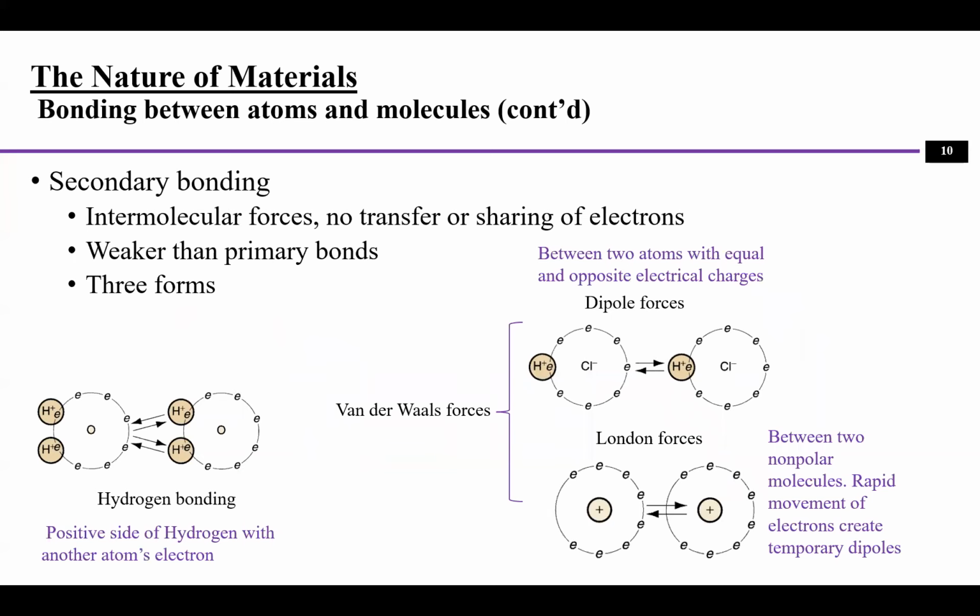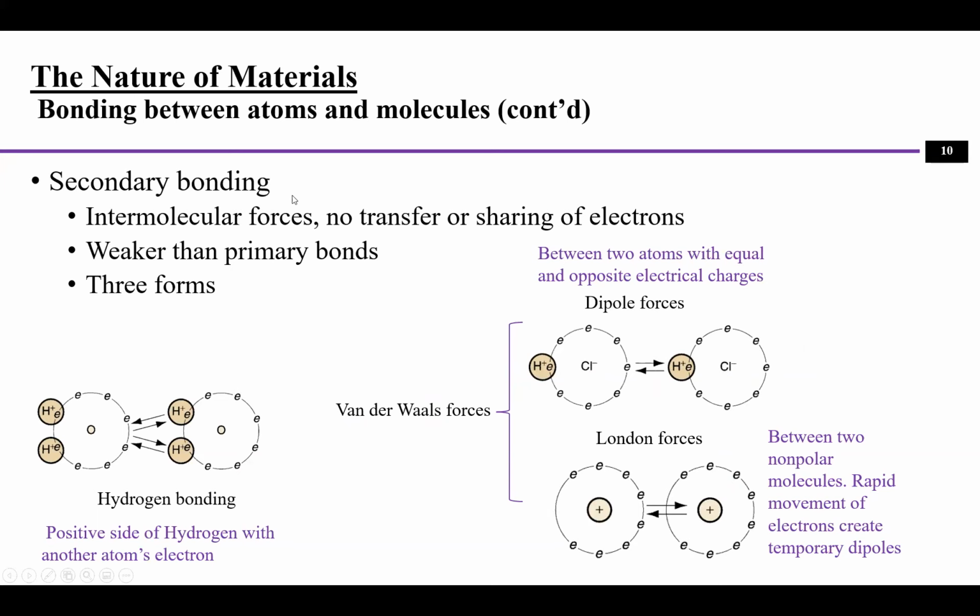And those primary bondings are really the forces by which we form the whole molecule. Well, besides the forces within a molecule, there are also forces between molecules, and we call it secondary bonding. Those are the intermolecular forces, not really transfer or sharing of electrons.